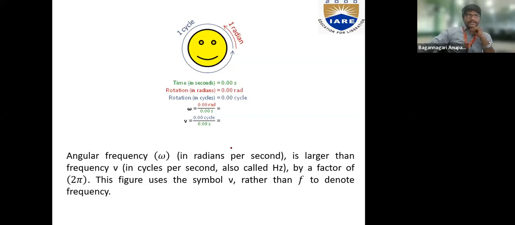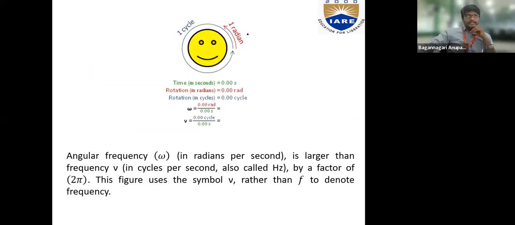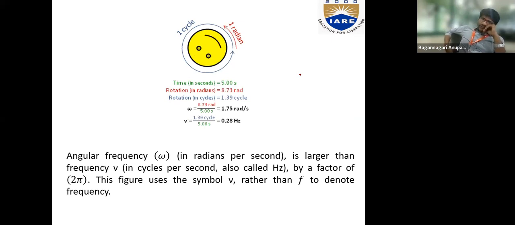What's the difference between radian and cycle, and what does this mean? Okay, this animation, yeah. See, time is going on increasing, but the radians, omega, and that is frequency, are remaining constant.